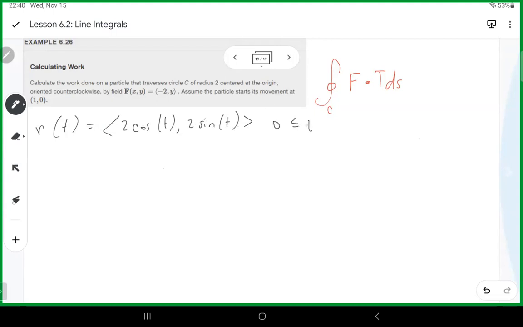And t from 0 to 2 pi, for C. So then r prime.